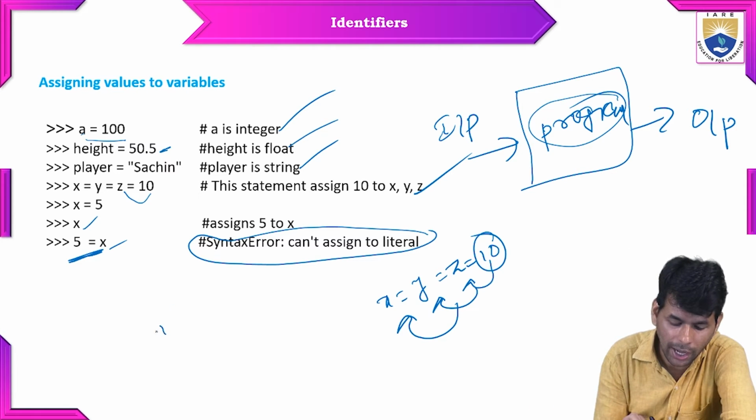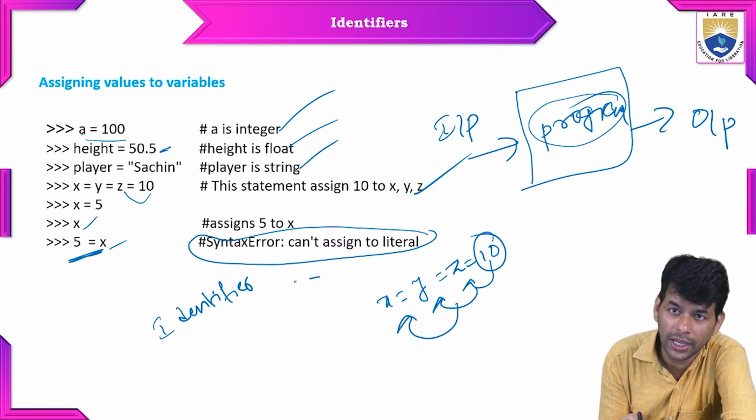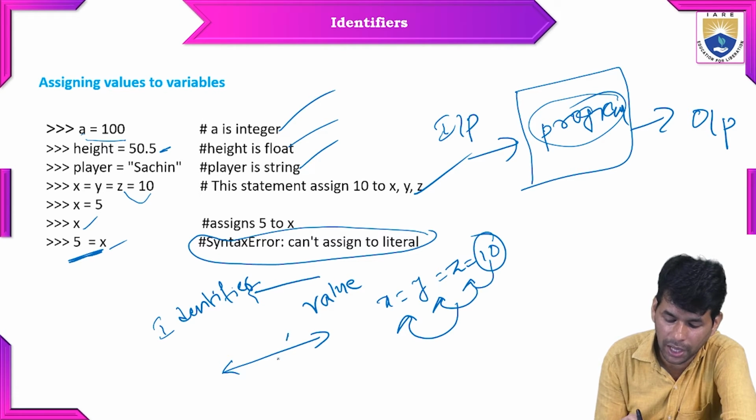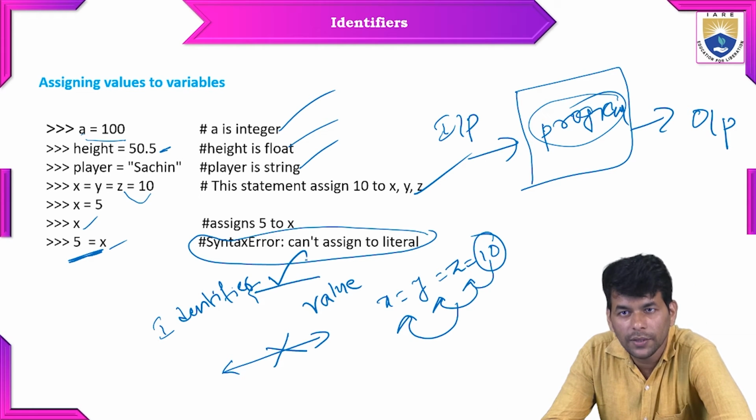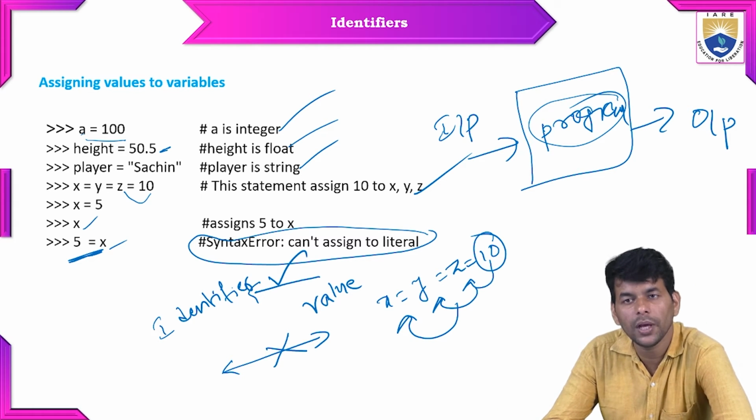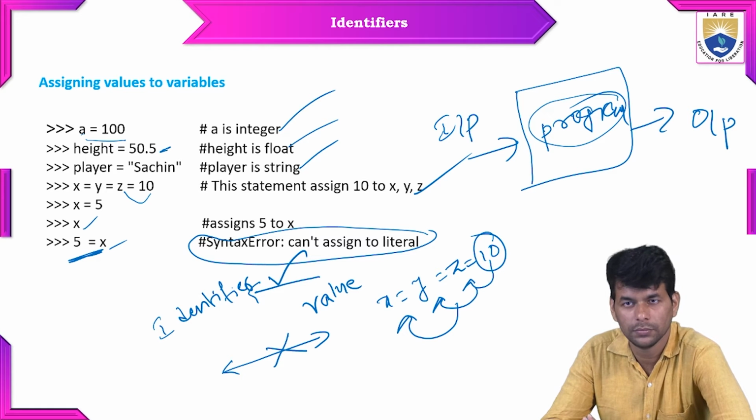We can assign a value to the identifier, but vice versa will not happen. It will be wrong. So this one is correct. Any value can be assigned to an identifier, not vice versa. So this is about assigning values to variables.